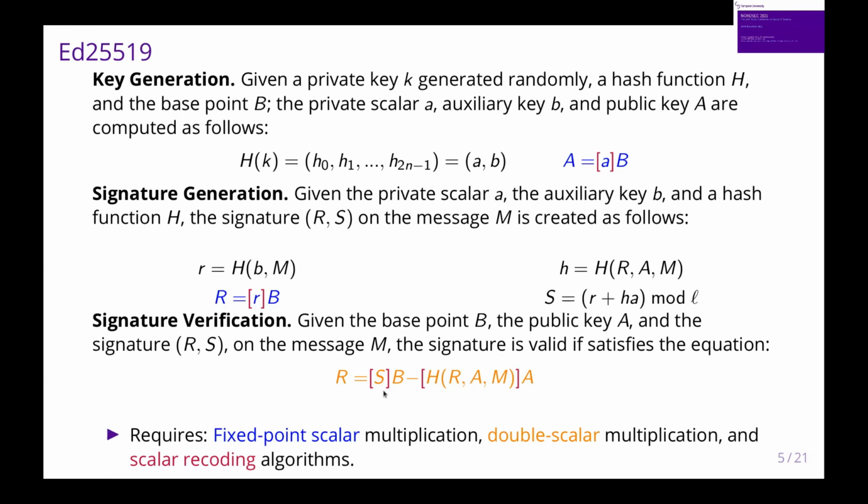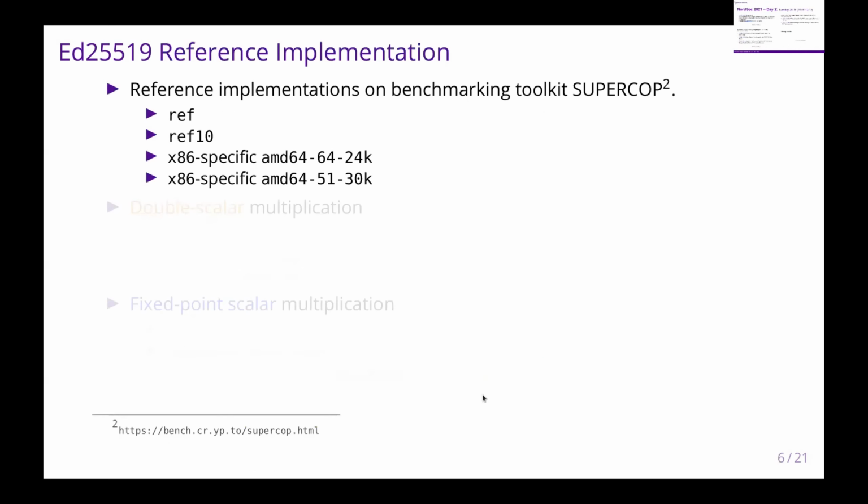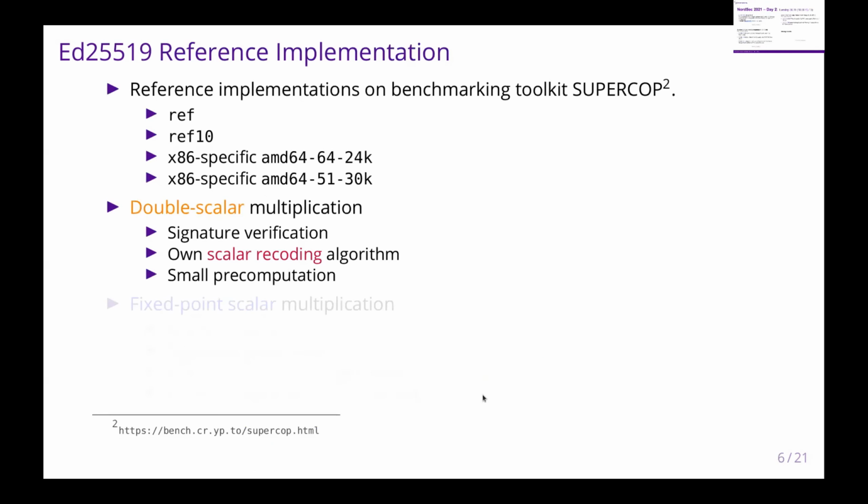If you look here on the bottom, one is S times B, and the other one is the result of the hash of AM times A. So that's why it's called double scalar multiplication. This is used only for signature verification. It requires its own scalar recoding algorithm and uses a very small precomputation table.